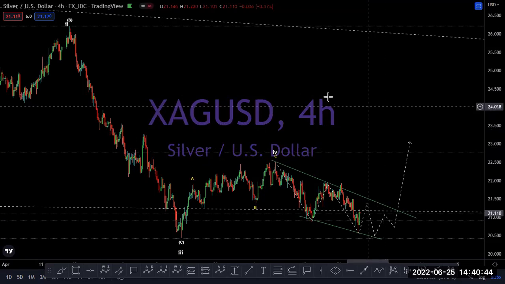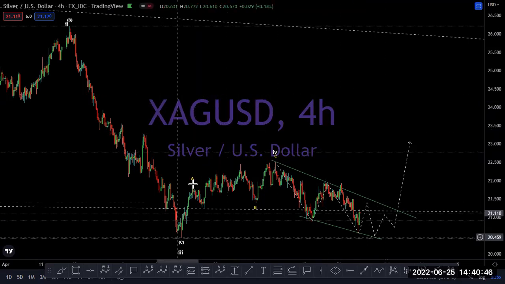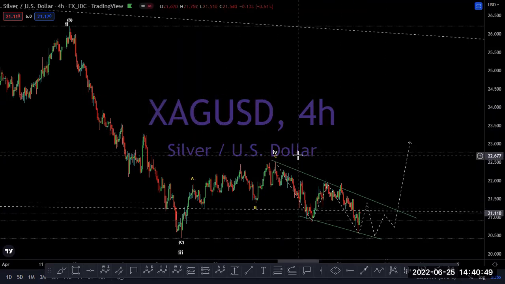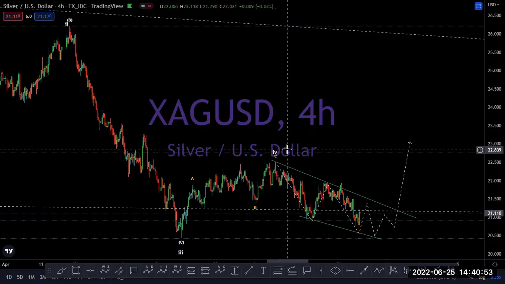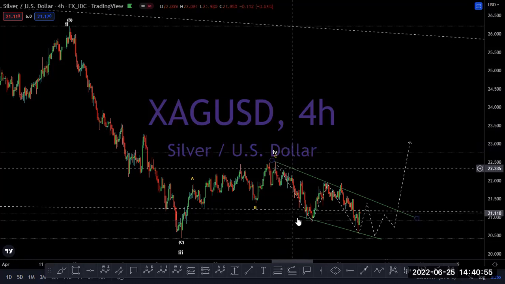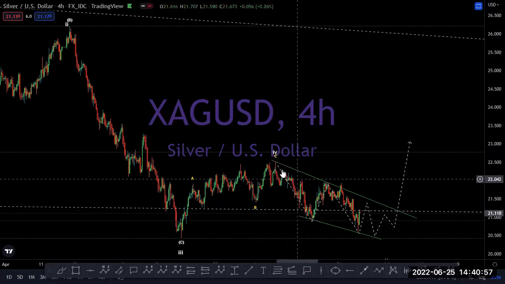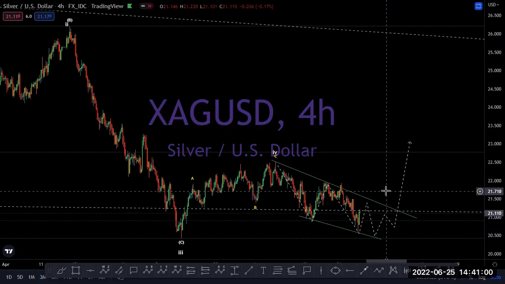Okay, now silver did not give us a standard ABC. And if we have ended here, we need to see a sharp move going down, but it is going correctively again. So what does that mean?